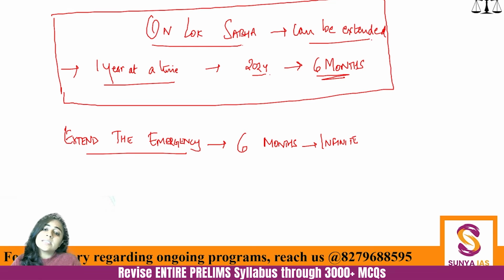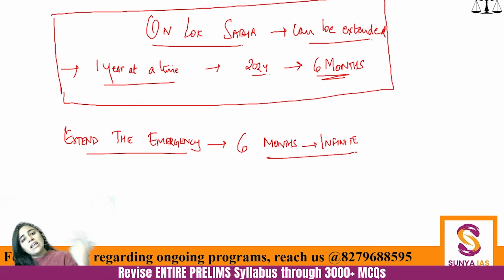Every 6 months, both the houses of parliament will have to pass the continuation by special majority, and then that particular order will stay on for 6 months, and then again after 6 months they have to pass this order, and this keeps on happening infinitely. Same with Lok Sabha, but the period is 1 year at a time, and as soon as the emergency ceases to exist, the Lok Sabha extension will end within 6 months. So within 6 months the elections have to happen. I hope this is very clear to all of you.